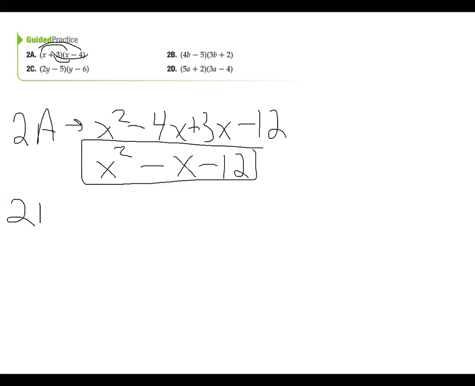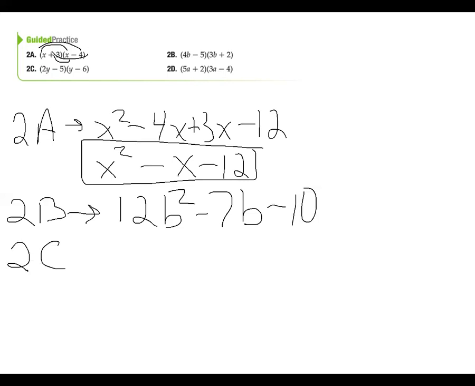Okay, 2b, the answer for that one when you FOIL it out would give you 12b squared minus 7b minus 10. 2c is going to give you 2y squared minus 17y plus 30.